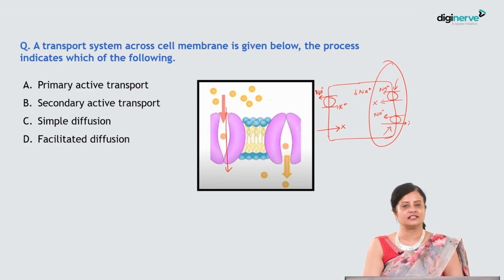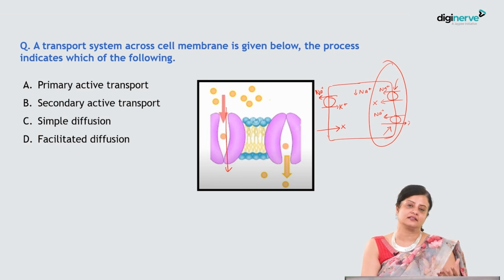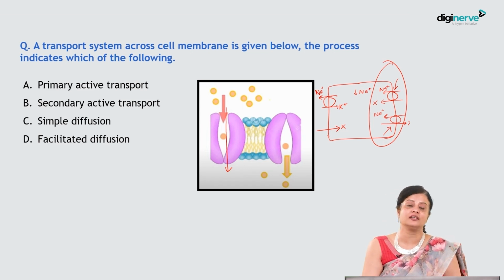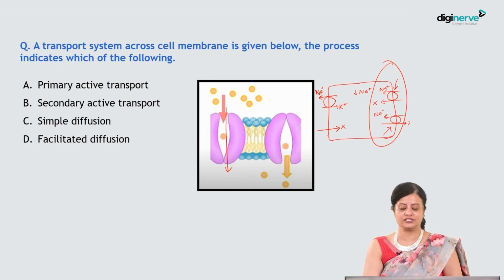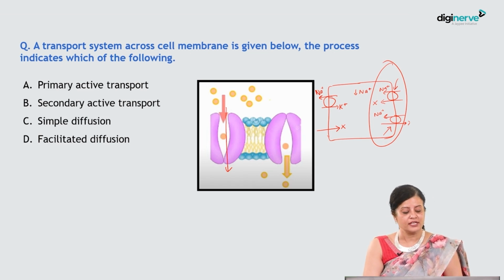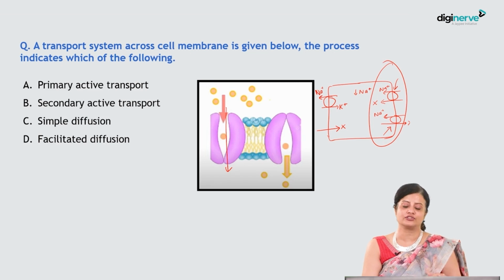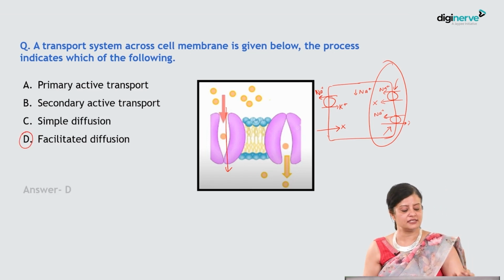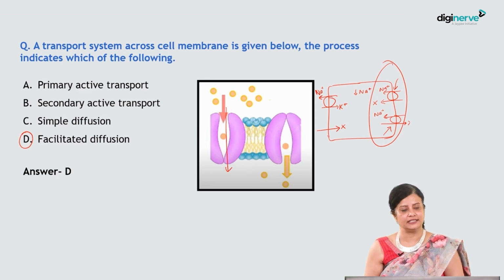Next is the facilitated diffusion, in which the molecule needs a carrier protein to send the molecule across the cell membrane without the use of energy. It is based on the concentration gradient again. So out of these four choices, this particular diagram looks like the facilitated diffusion. Hence our answer here is D.